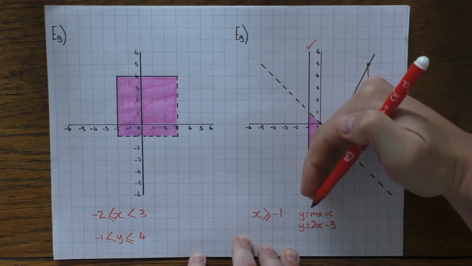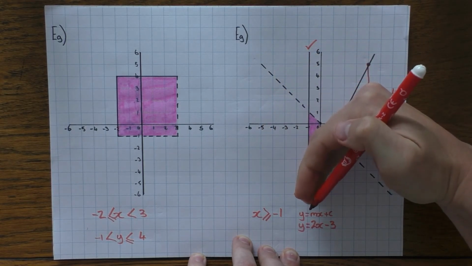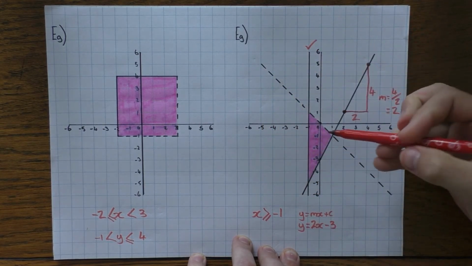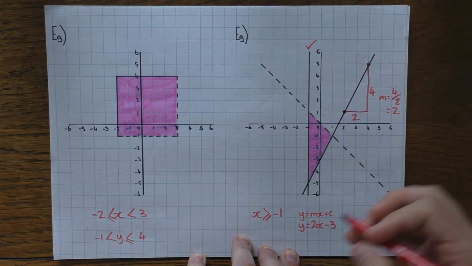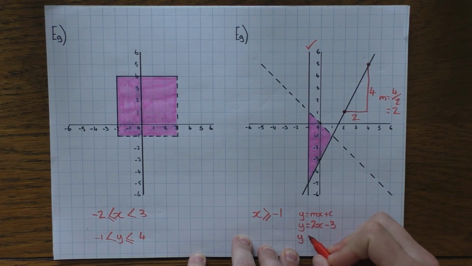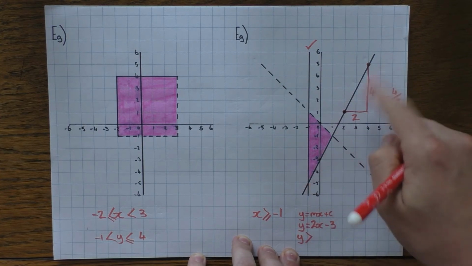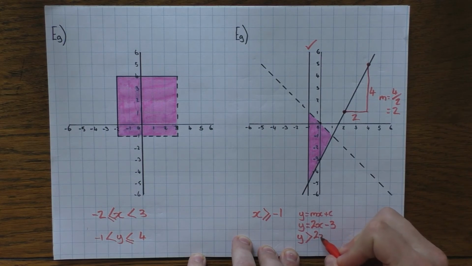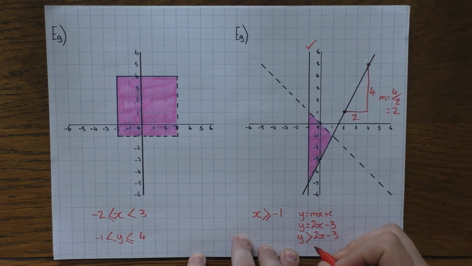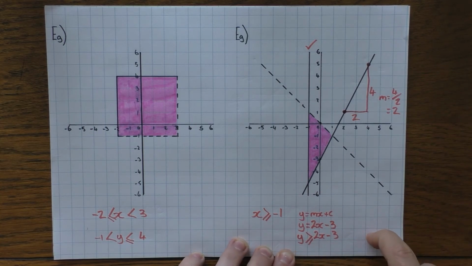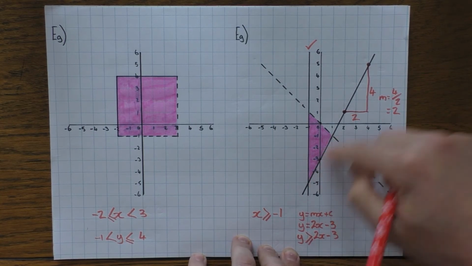Well, above the line is what's shaded, in which case y must be bigger than this line. -2 is bigger than -3, -1 is bigger than -3. So y is greater, which means it needs to point at the rest of this. Y is the biggest thing, and it's a solid line, so remember, equals. And that's how you do that one.